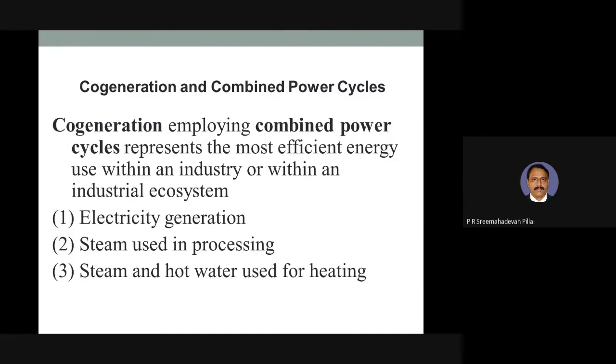Another method is that at the same place, two principles are used for generating energy. Say we have sunlight falling and wind, and the same unit uses both sunlight and wind to work. We can say this is cogeneration: more than one method is used for generating electricity, heat or any form of energy. Mostly it is used in electricity generation, steam generation and hot water generation.